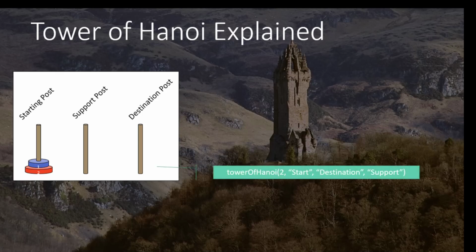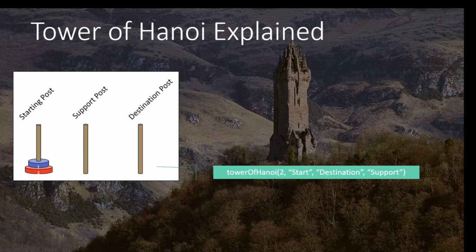So when we start with this, we just have 2 disks on here, and the same command works for 2 disks or 5 disks or 3 disks or whatever number of disks we put out there. We start off with the idea of the bottom disk, disk 2, going from the starting post to the destination post by way of the support post.